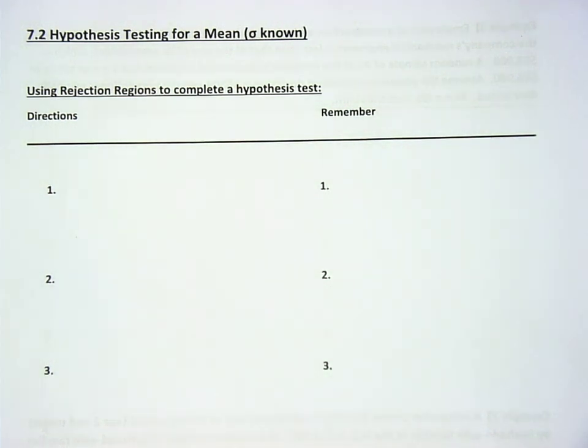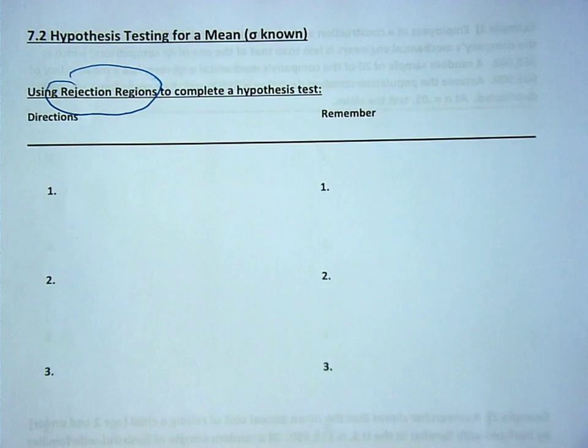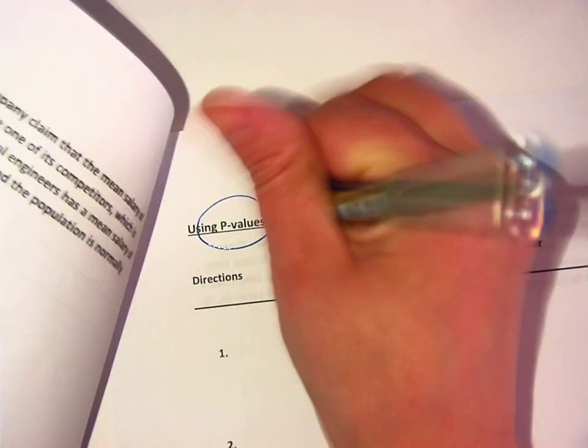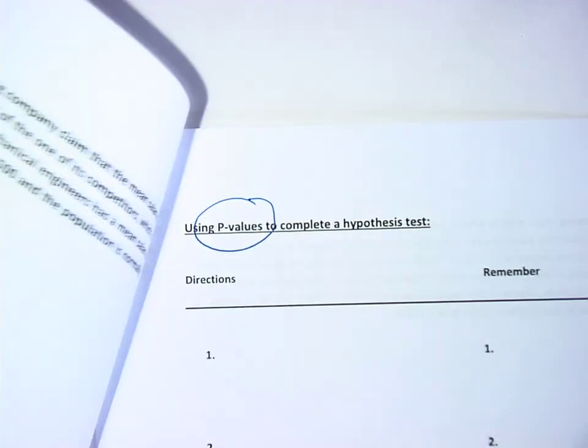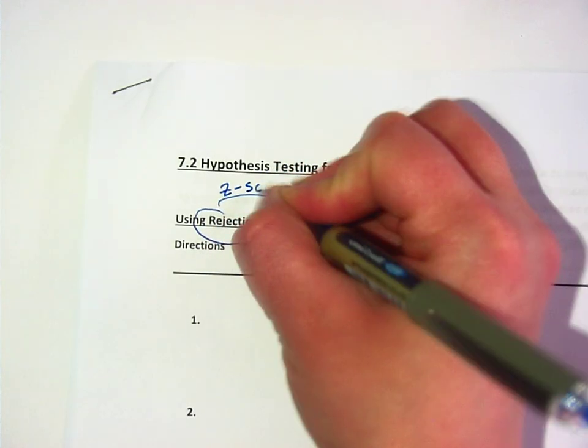Okay, here we go. There are two ways to do hypothesis testing. There's one way called rejection regions, and one way called p-values. They're exactly the same thing. One is using a z-score. This is comparing z-scores.